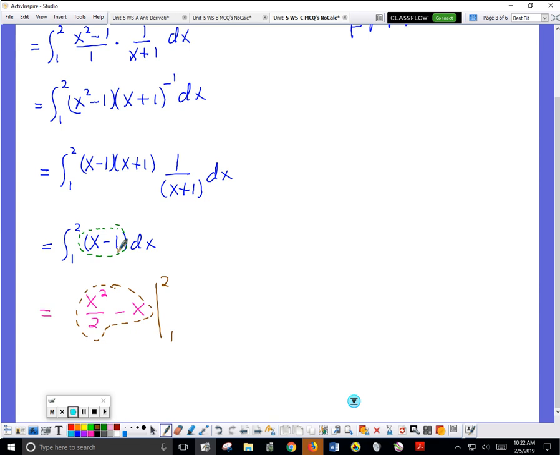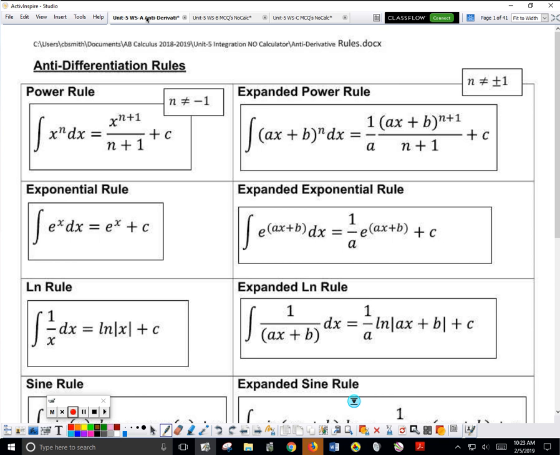No exceptions, no, well, forget that word. Moving on. Are we good here? Why would you just use the expanded power rule? Please remember, I thought I told you in class, but if I forgot, I apologize, that we don't want to use the expanded power rule if n is equal to positive 1. It's not illegal, just unhelpful.